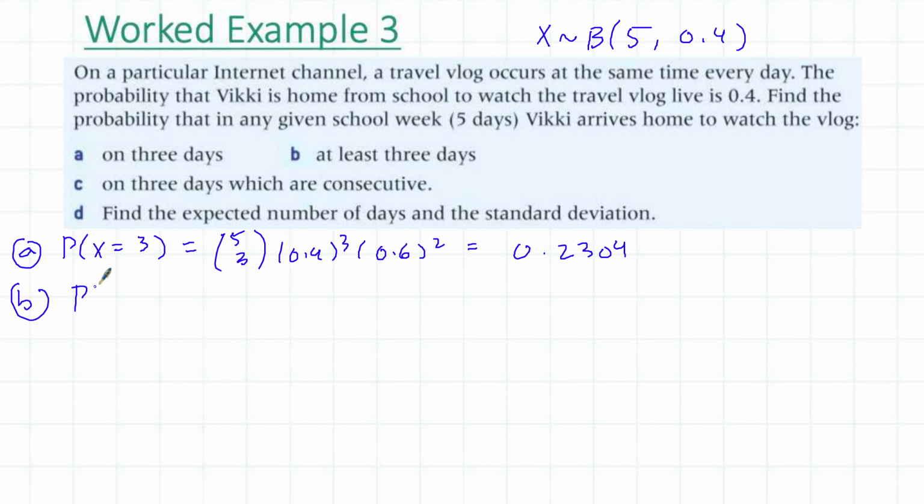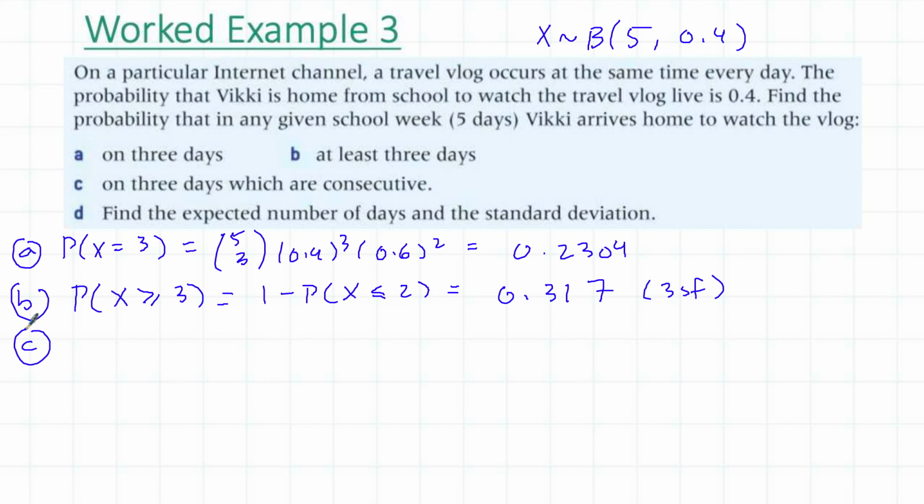For B, at least 3 days, so bigger than or equal to 3, which is 1 minus the probability of x being less than or equal to 2. And just as a final answer, that's going to be 0.317. That's the 3 significant figures.